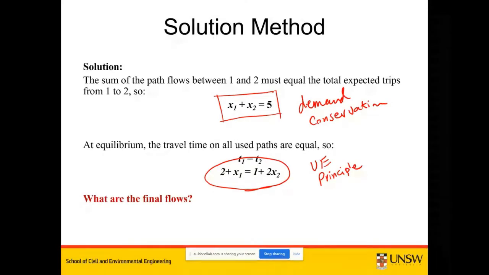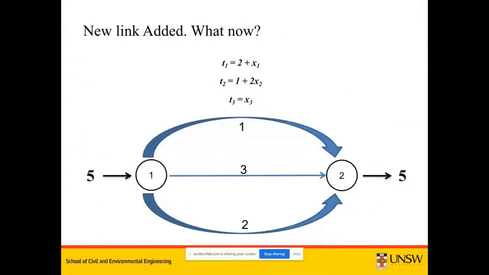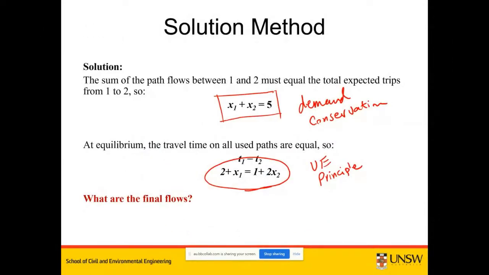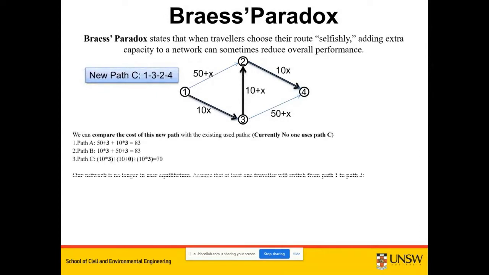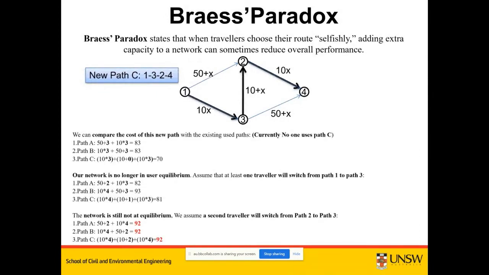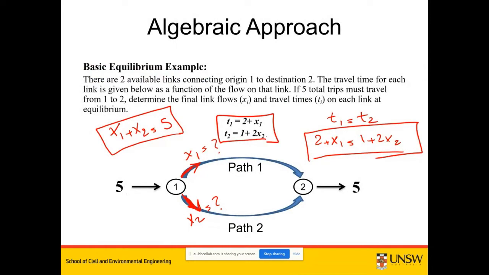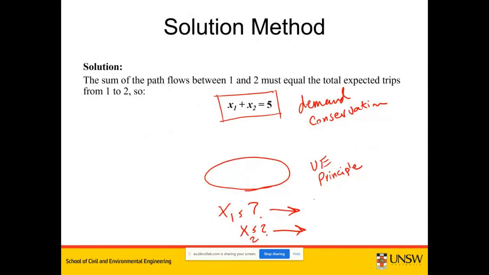And if you solve these simultaneous equations, you'll get to see what x1 is and what x2 is. And now that you have x1 and x2, you can put them into the travel time functions and get the t1 and t2, right?